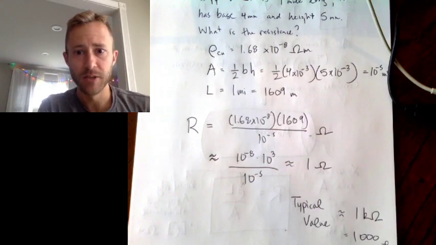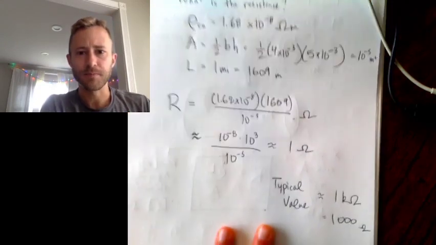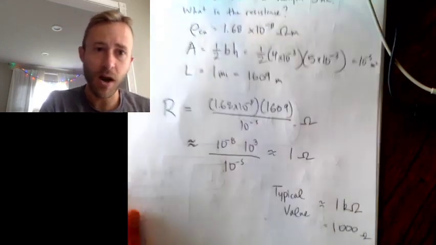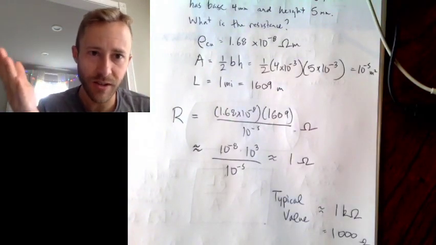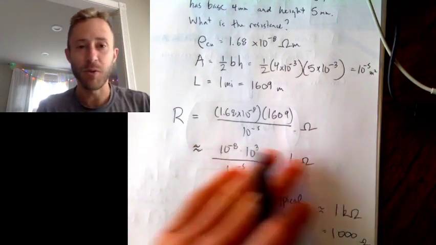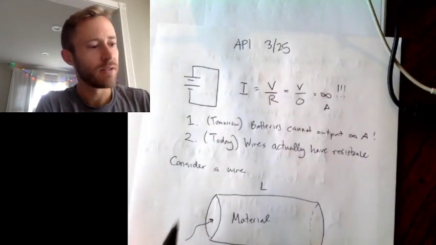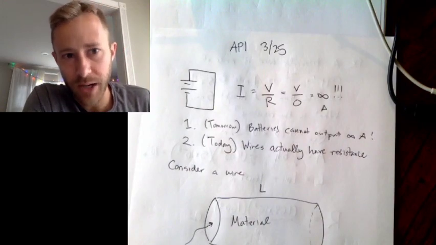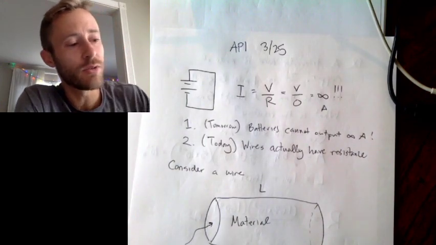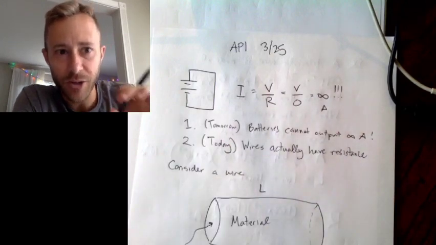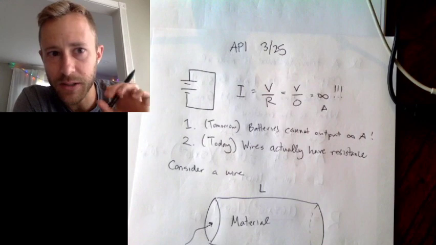All right, so 1 ohm is not very much at all, which is why most of the time we can actually neglect the resistance of the wire. But if the wire is the only resistance present, such as right here, it can become a significant factor. So you would need to include the resistance of the wire in your calculations if the actual resistors in the circuit are very, very tiny.